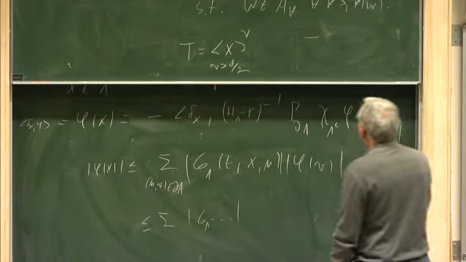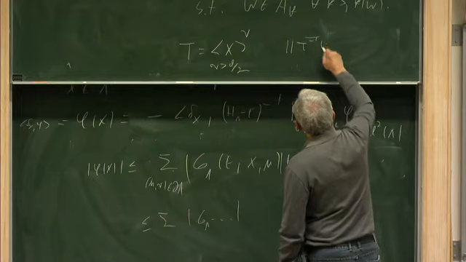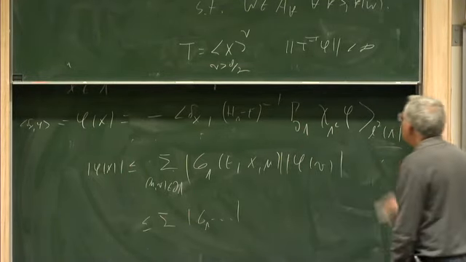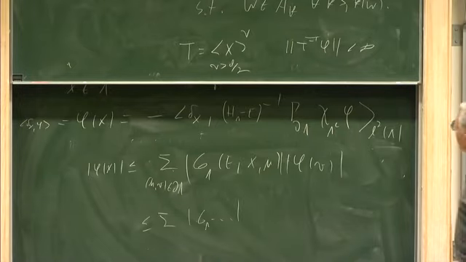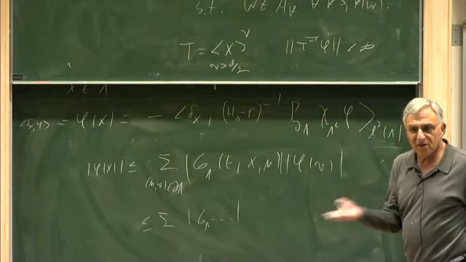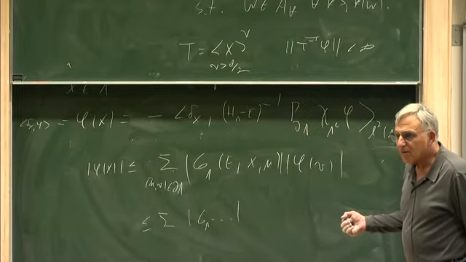And generalized eigenfunctions means that this norm is finite. The little L2 norm of T inverse of phi is finite. That's a generalized eigenfunction. I think that's the same thing that David did. So phi is not in L2.